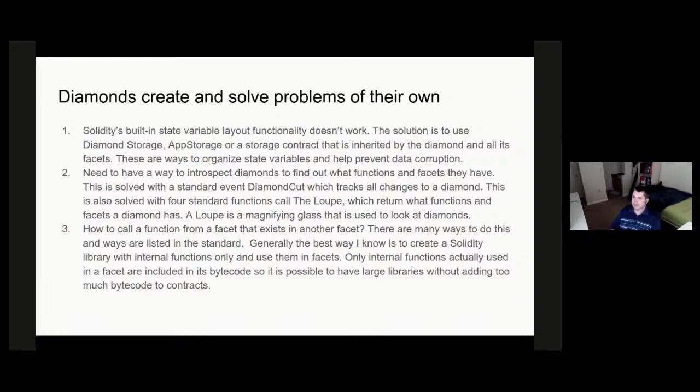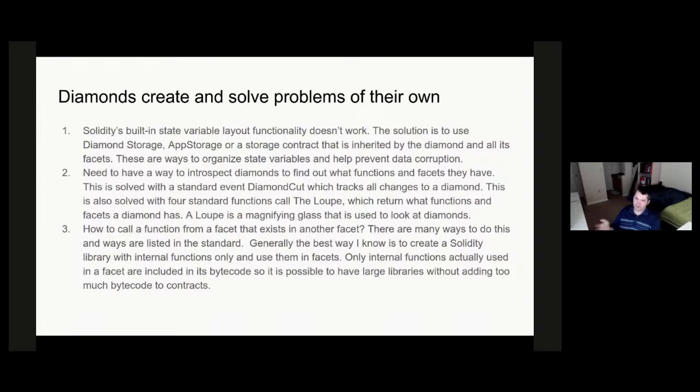It doesn't really work with diamonds. Solidity manages your state variable layout, so Solidity developers don't have to think about it. But with diamonds, you need a way of organizing state variables, and once you have a systematic way of organizing them, you don't have to think about it either.